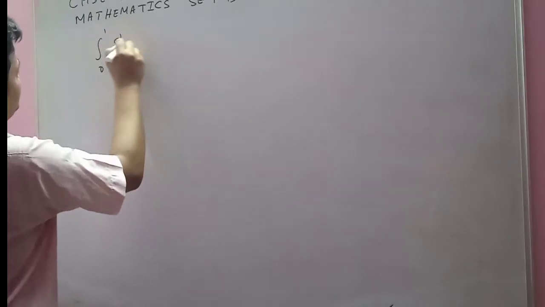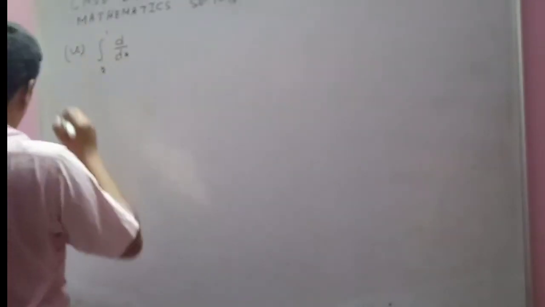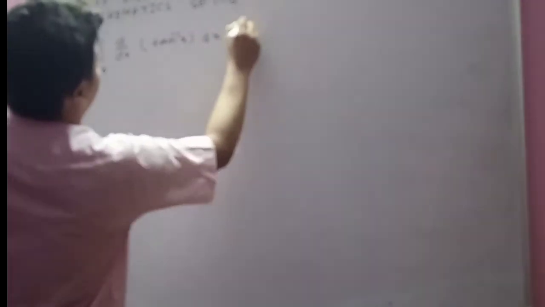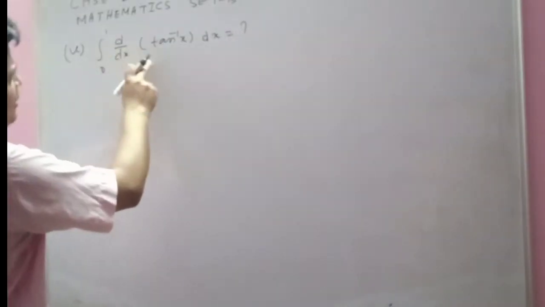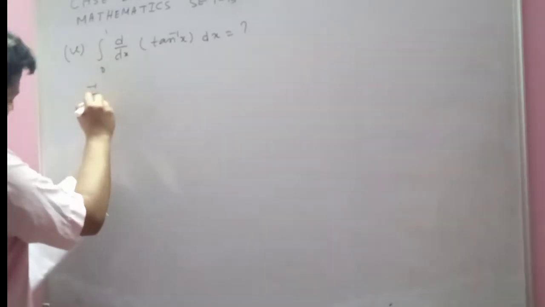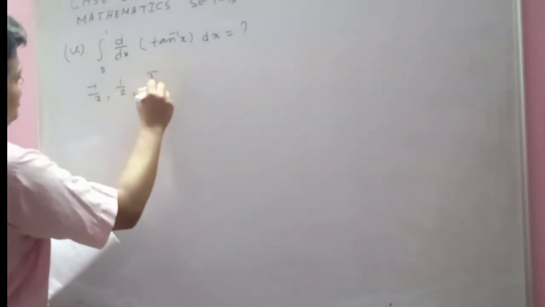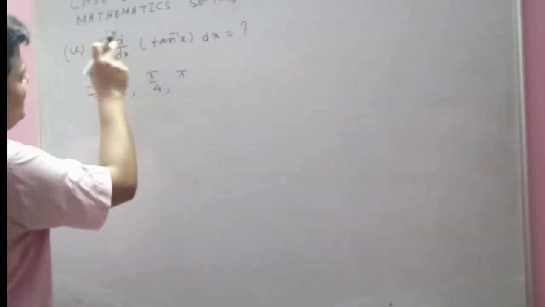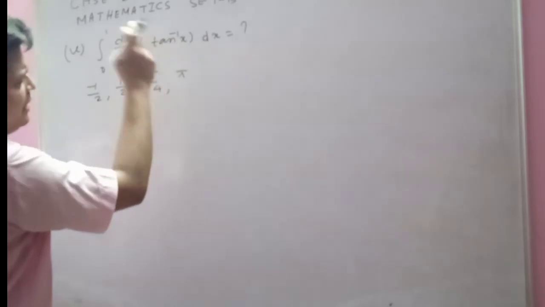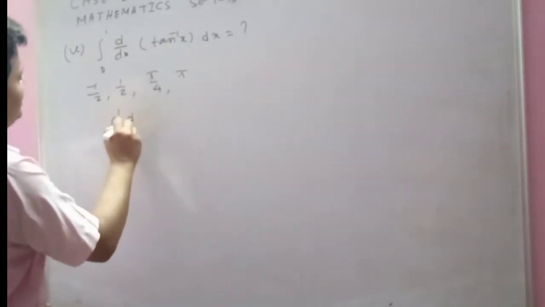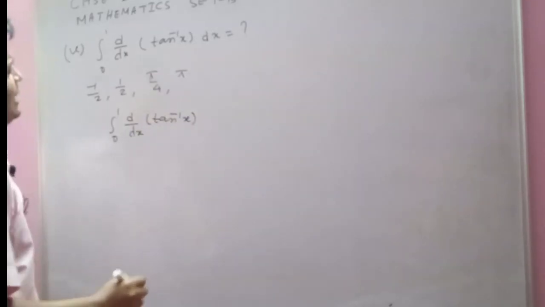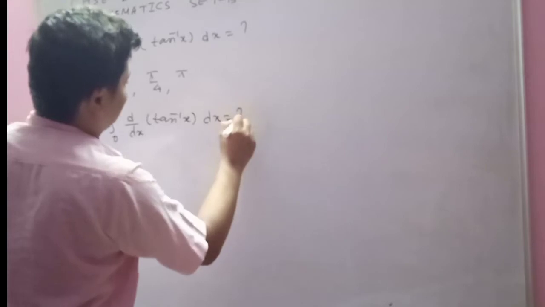Integration 0 to 1 d by dx of tan inverse x dx. Integration of differentiation. Answer options given: -half, half, pi by 4, pi. When you are integrating and differentiating at the same time, you get integration 0 to 1 d by dx of tan inverse x dx.